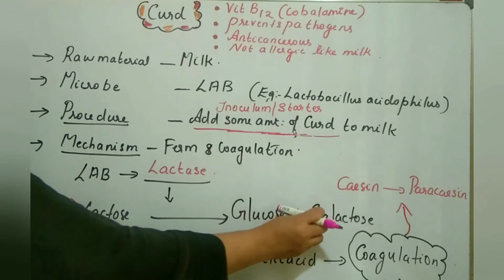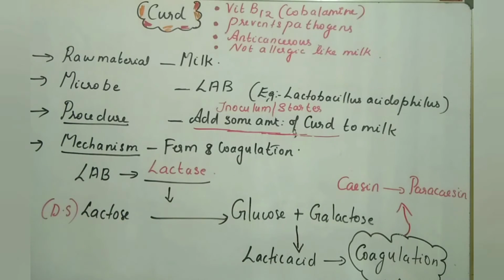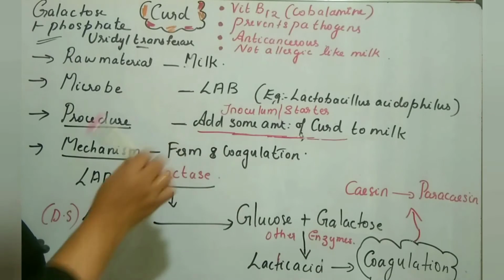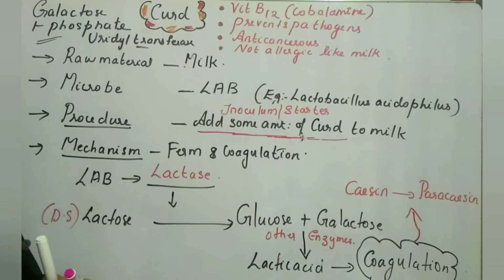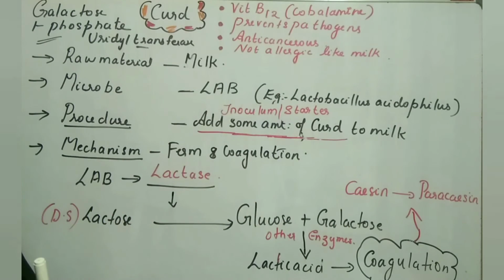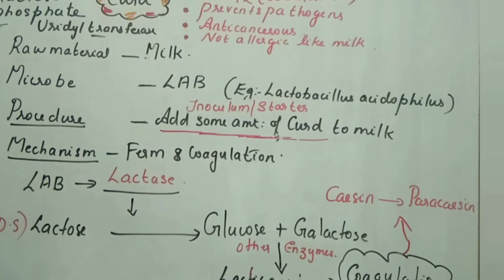And this glucose and galactose are converted to lactic acid with the help of other enzymes. And this lactic acid results in the coagulation of milk. What is coagulation? The protein present in the milk, that is the casein, is converted to para-casein. Okay.